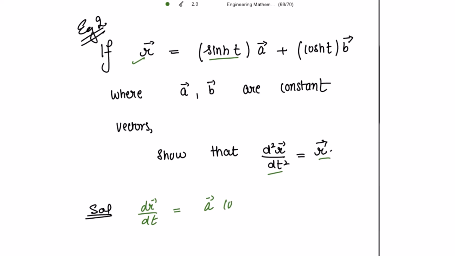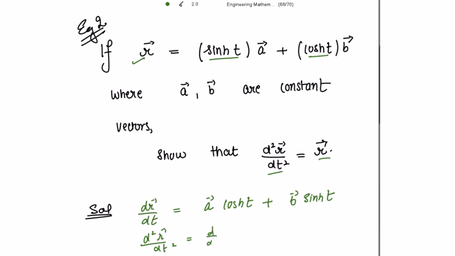So it is cos hyperbolic t plus b vector derivating cos hyperbolic t with respect to t, it is sine hyperbolic t. These are the hyperbolic trigonometric functions. Similarly, now taking the second derivative, what is that?